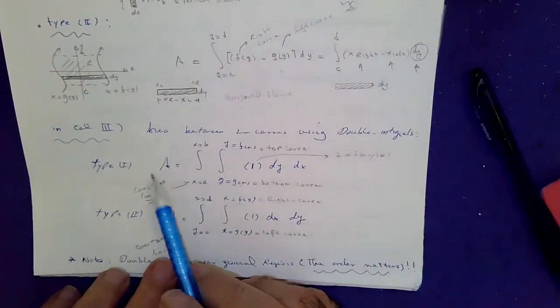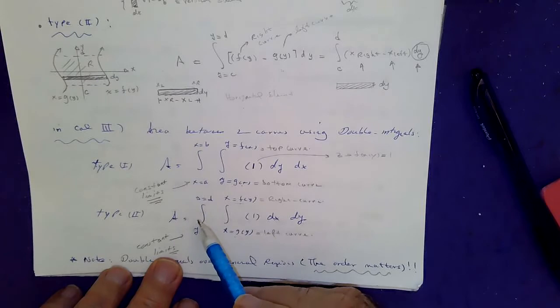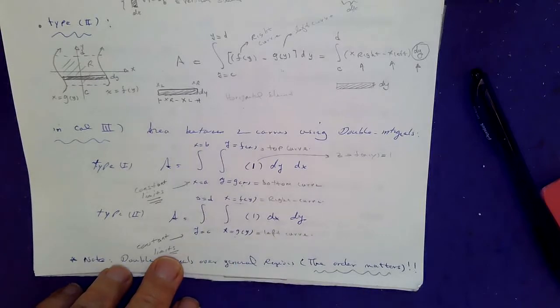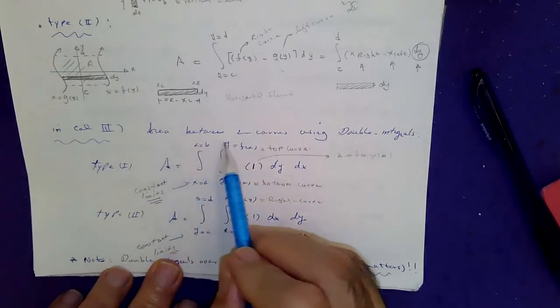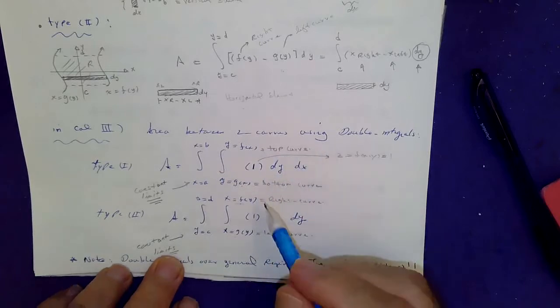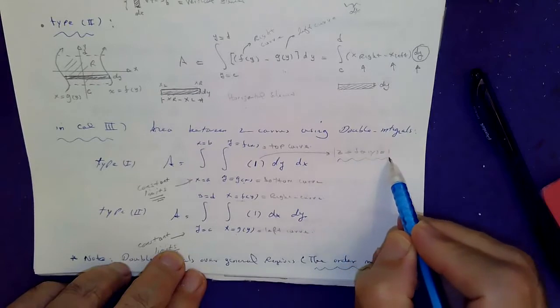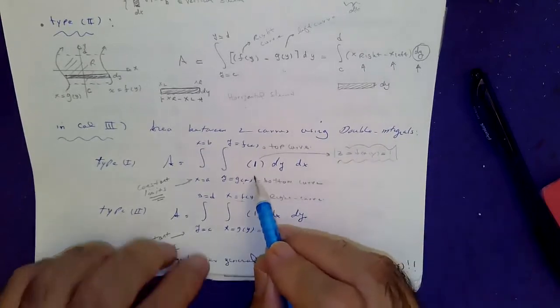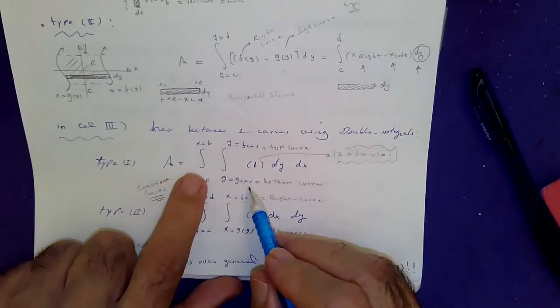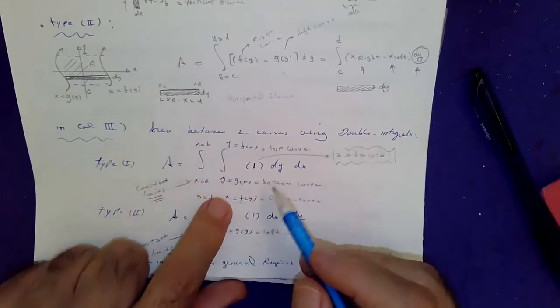However, in multivariable calculus, let's say we're trying to find the area between two curves. Remember, we decided that if the function is equal to 1, this double integral finds the area between these two curves.